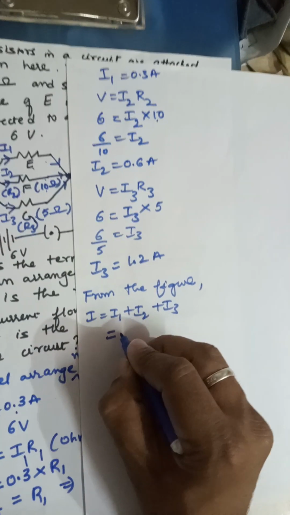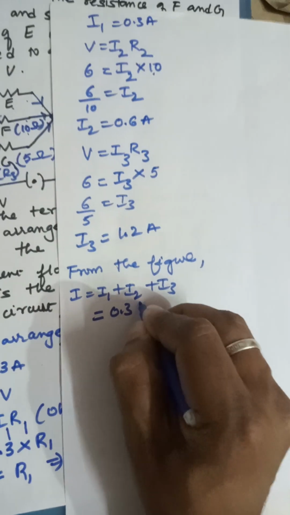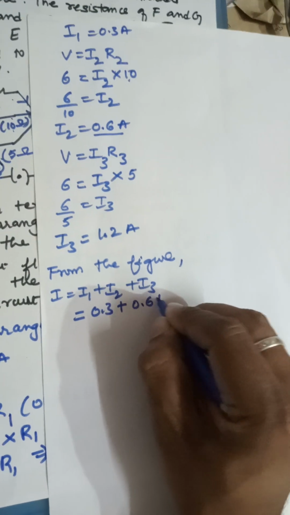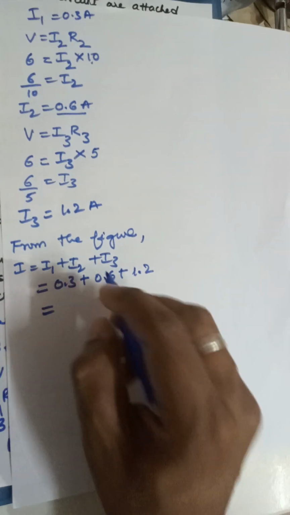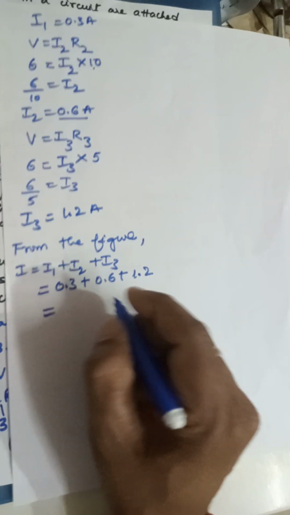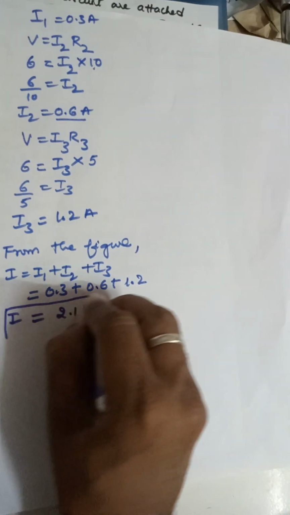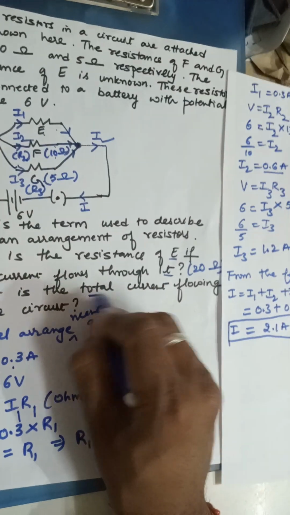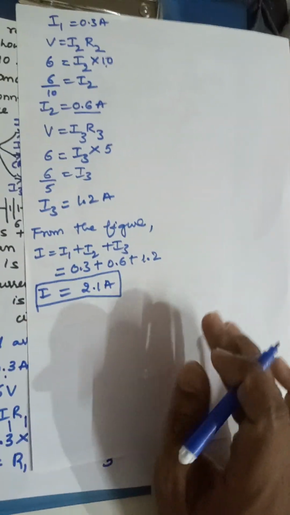I1 value is 0.3 amperes, I2 value is 0.6 amperes, I3 value is 1.2 amperes. So if you add up, 0.3 plus 0.6 is 0.9, 0.9 plus 1.2 is 2.1 amperes. So the value of I is 2.1 amperes, and it represents the total current flowing in the circuit.